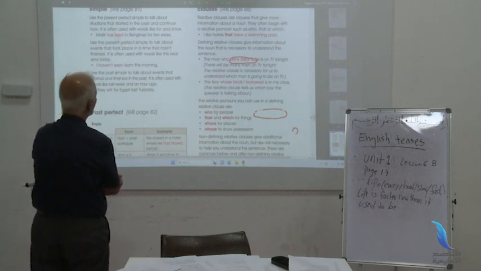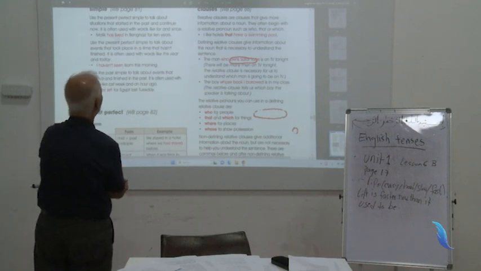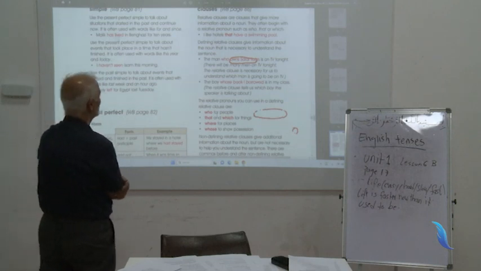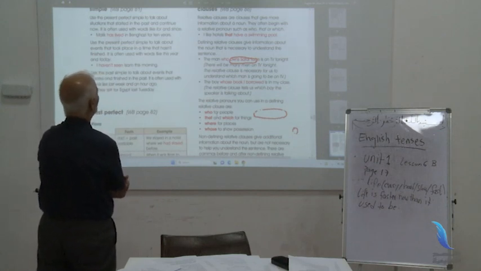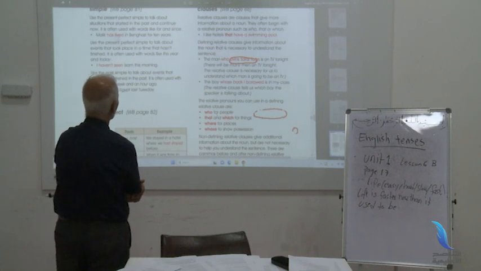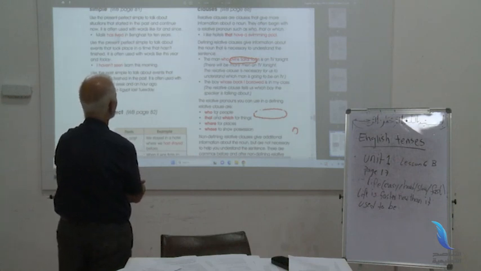Use the present perfect simple to talk about events that took place in a time that hasn't finished. It's often used with words like this year and today. I haven't seen Isam this morning. Also, we use past simple to talk about events that started and finished in the past.